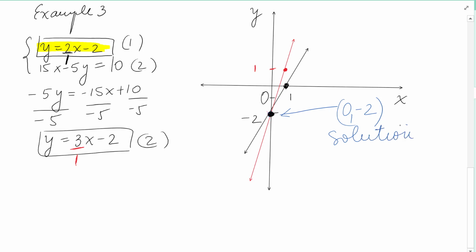If we have doubts, we can always replace. So in the first one, negative 2 equals 2 times 0 minus 2. Yes, it does. And in the second one, 15 times 0, that's 0, minus 5 times negative 2, does that equal 10? Well, negative 5 times negative 2 is 10, so it does equal.